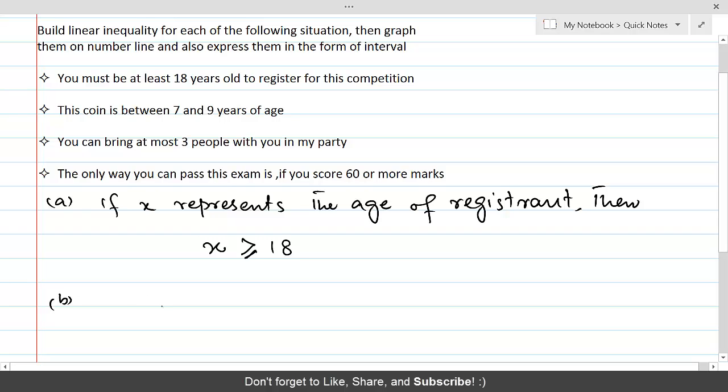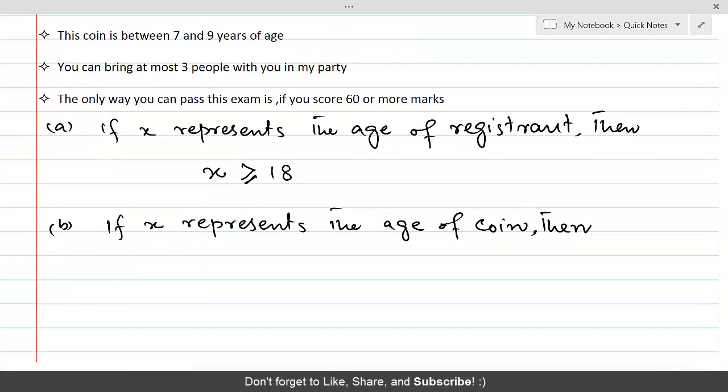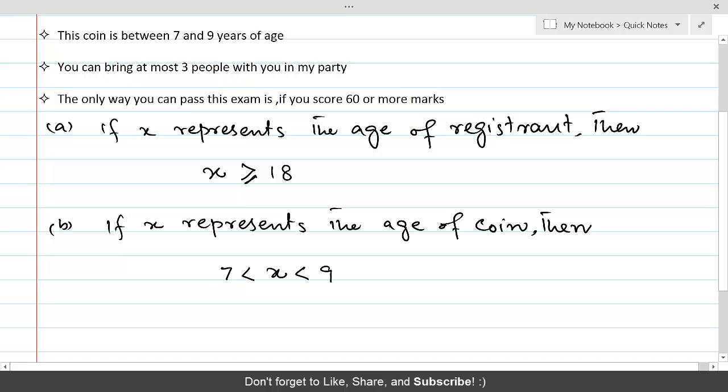So again, we define a variable. If X represents the age of coin, then 7 is less than X and X is less than 9.